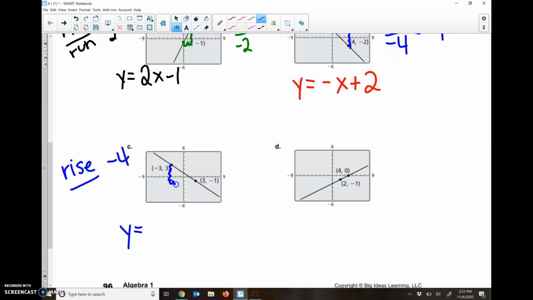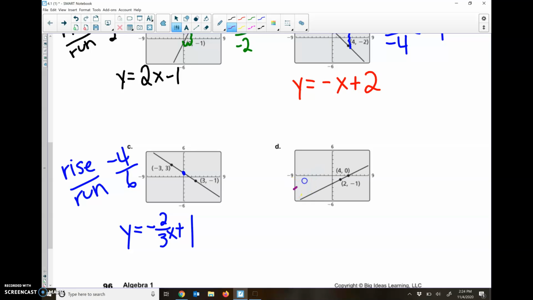So over to the right 1, 2, 3, 4, 5, 6. I run 6 to the right, so a positive 6. So I'm at negative 4 over 6, which can be simplified as negative 2/3. Okay, and then my graph is touching right here at positive 1. So y equals negative 2/3 x plus 1.